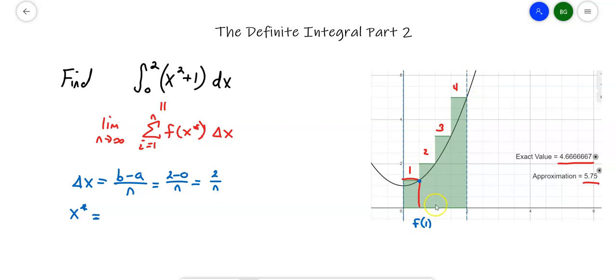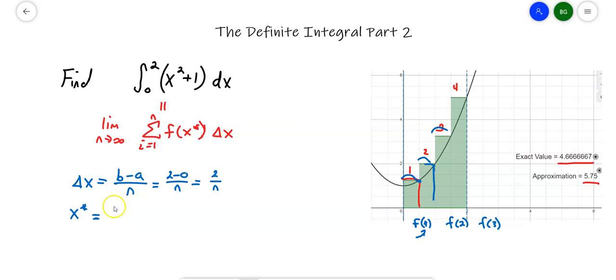I'd be taking f of 1, f of 2, f of 3. I'm just going to start at whatever rectangle number I'm at, and jump the width of a rectangle after that, and then the width of a rectangle after that.